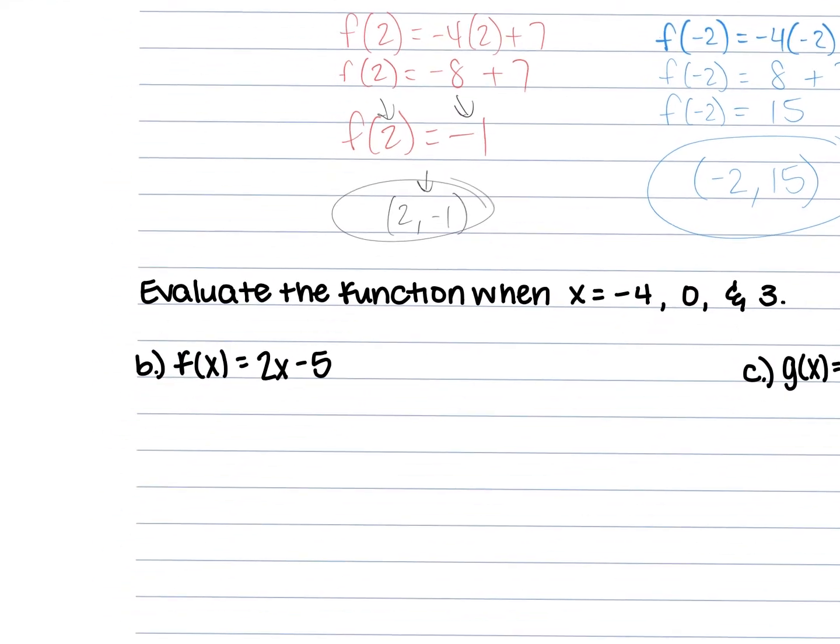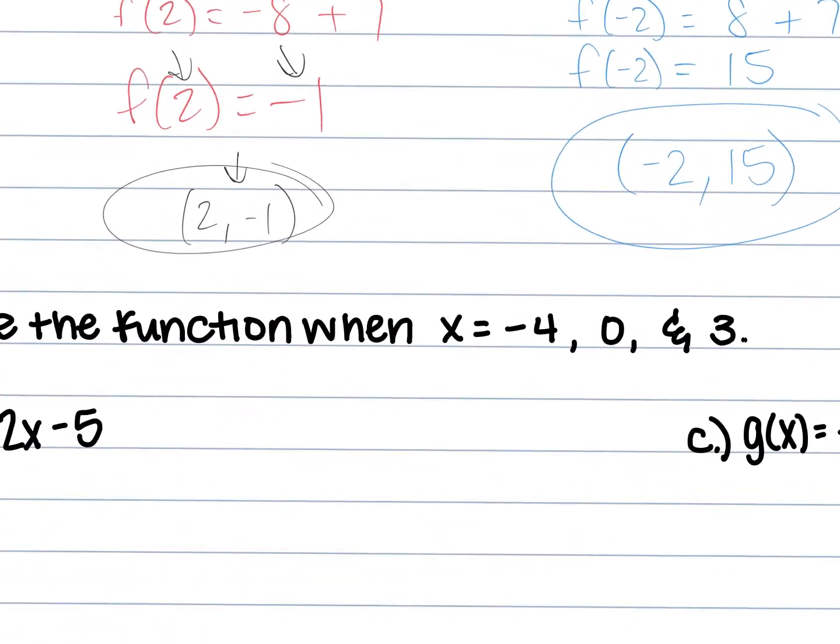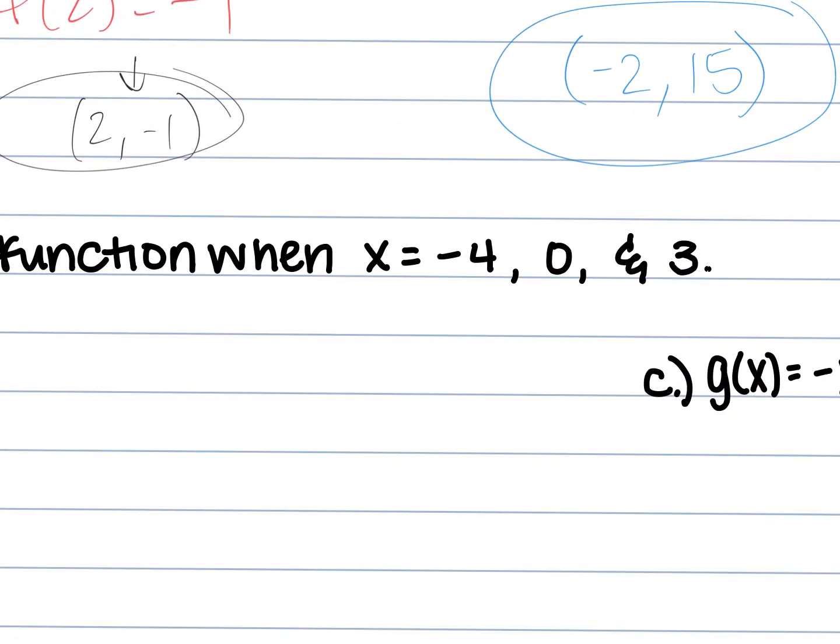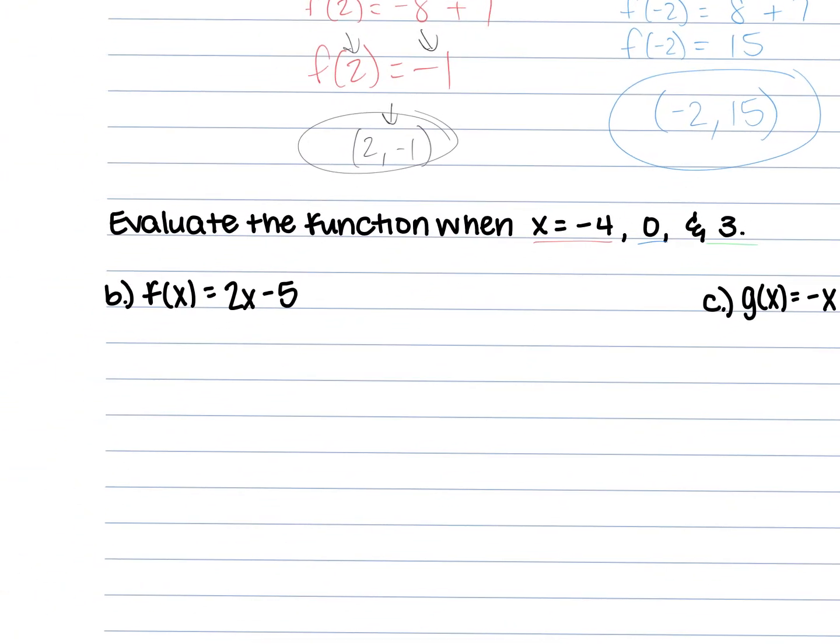Okay, so let's shift over to B. What values are we plugging in for x now? Underline them with 3 different colors, so you can see the difference. So the first one I'm going to do in red, I'm going to plug in x equals negative 4. Who thinks they have the hang of it already and can walk me through that? Go ahead, Hunter. So instead of x, you're going to place it with 4.